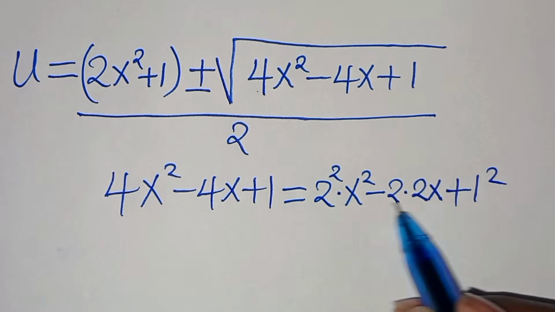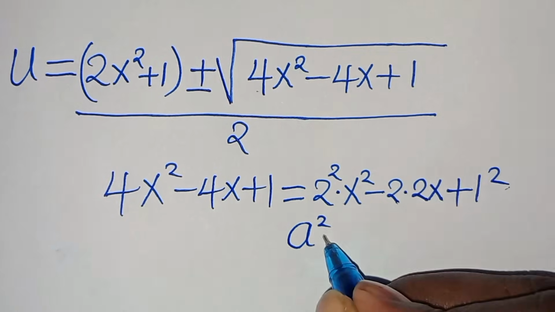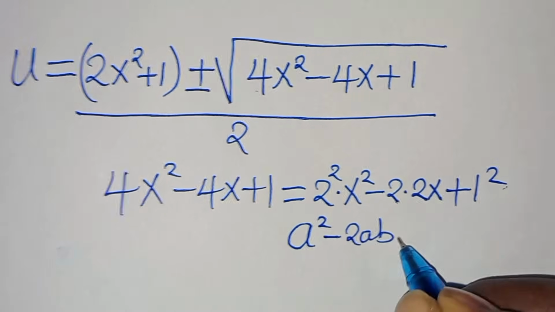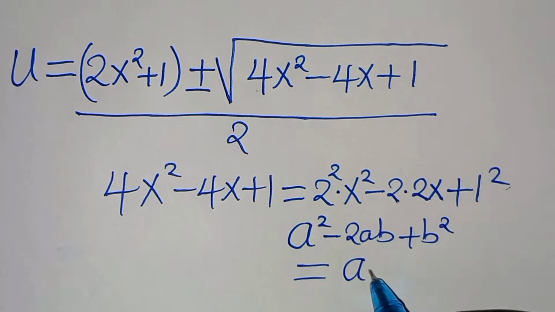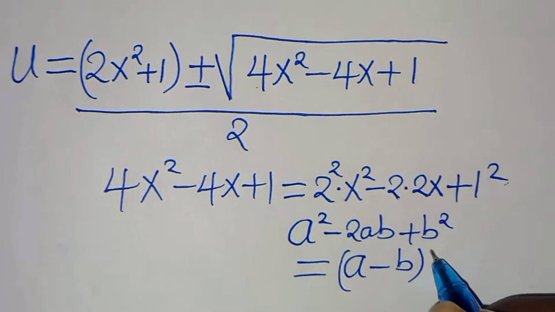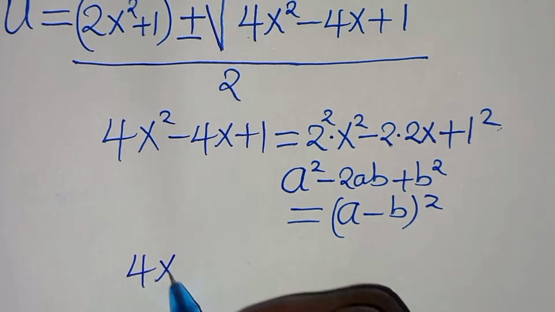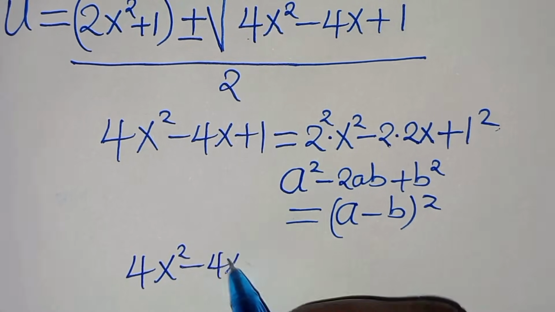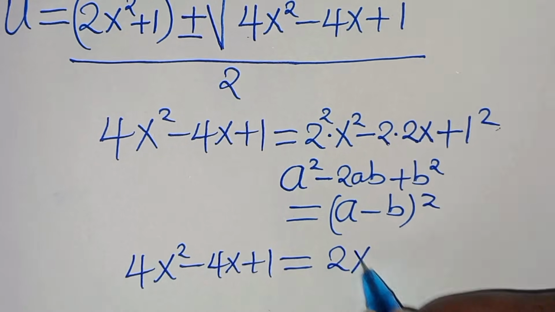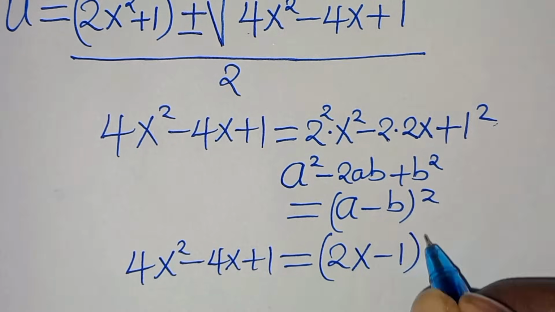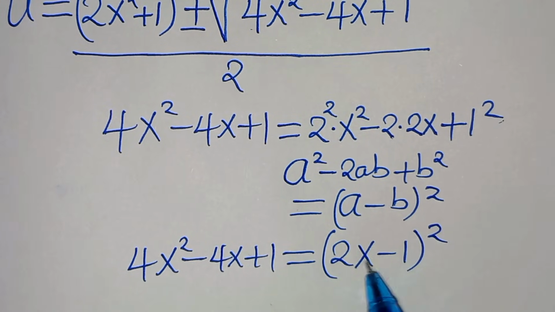Now, this is actually in the form of a squared minus 2ab, then plus b squared, which we can express as a minus b raised to the power of 2. So this implies that 4x squared minus 4x plus 1, this can be expressed as 2x minus 1 to the power of 2. So we can substitute 4x squared minus 4x plus 1 with 2x minus 1 to the power of 2.